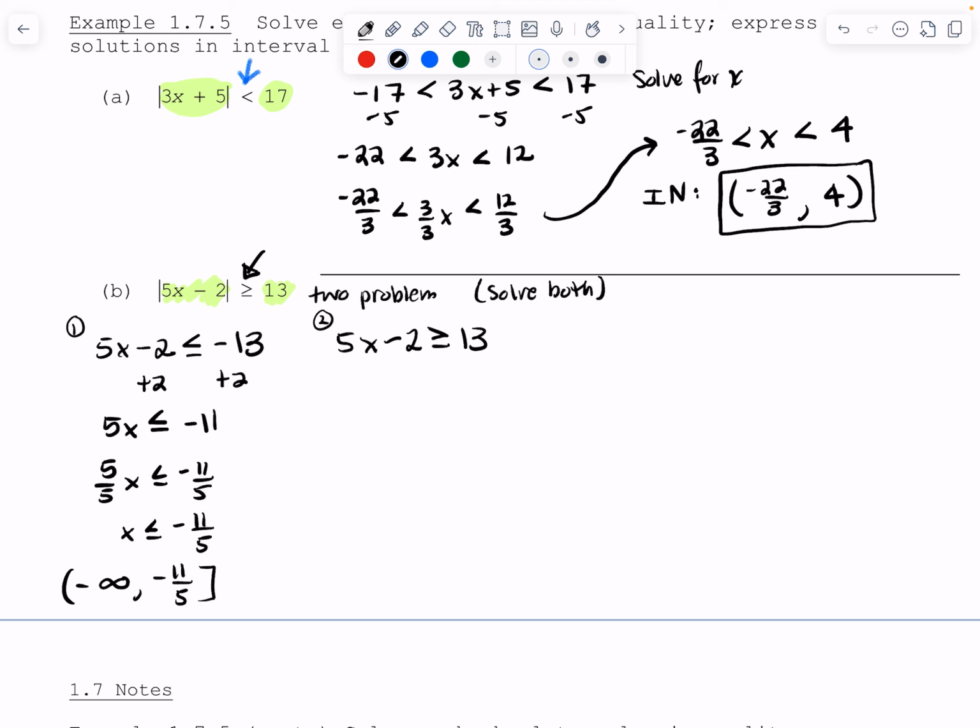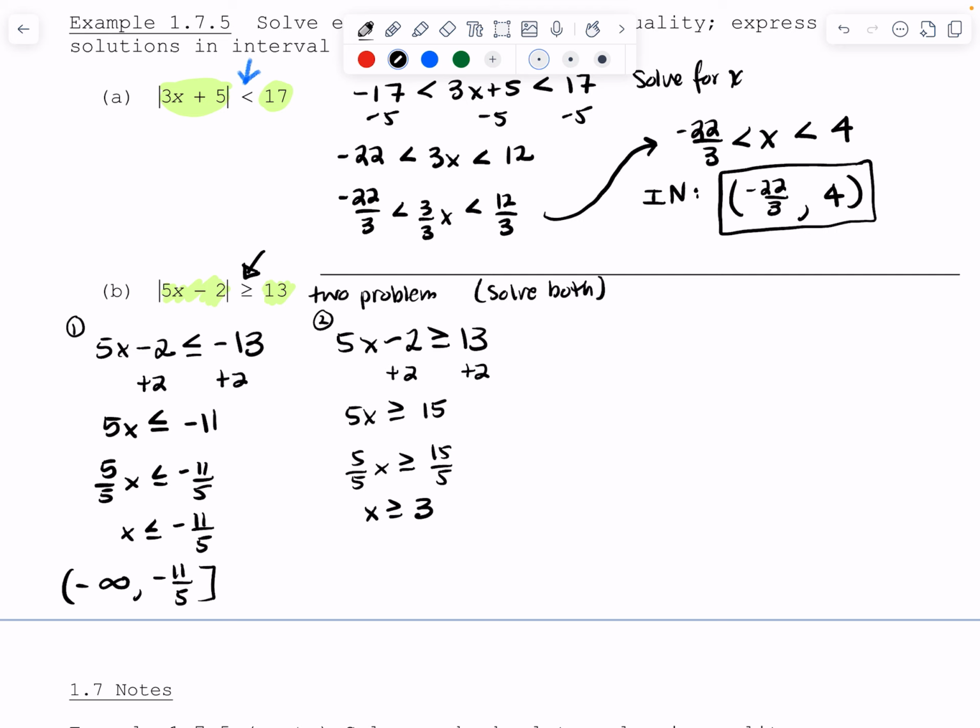Let's solve the other one. I'm going to add 2 to both sides. So 5x is greater than or equal to 15. Now I'm going to divide both sides by 5. So x is greater than or equal to 3, because 15 divided by 5 is 3.